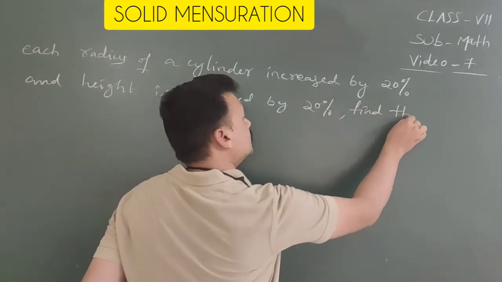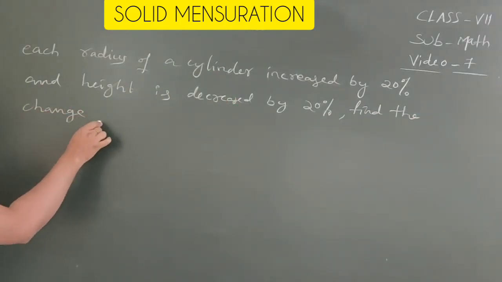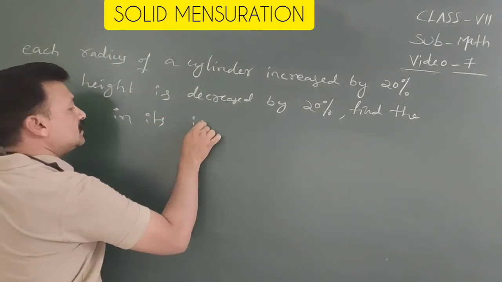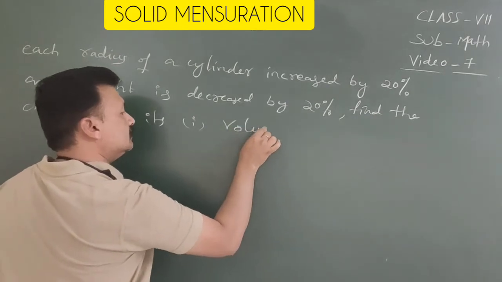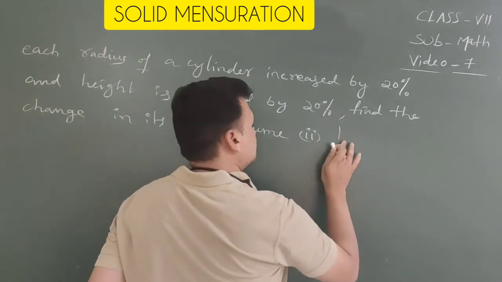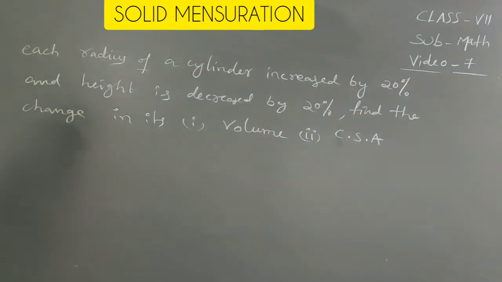Find the change in its first one, volume, and the second one, CSA, curved surface area. What are the changes? Changes in terms of percentage. If increased, how much percent increased; if decreased, how much percent decreased. That we have to find out.